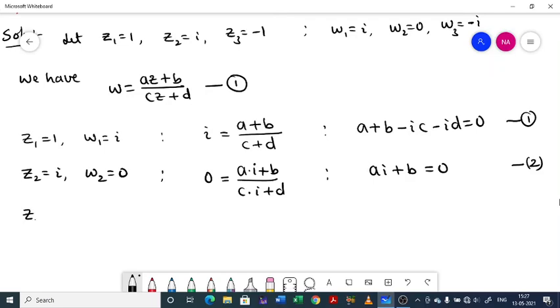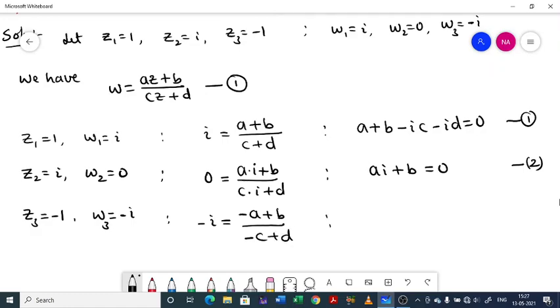Next, third point. So Z3 is minus 1 and W3 is minus i. So we get minus i equal to (minus A plus B) divided by (minus C plus D).